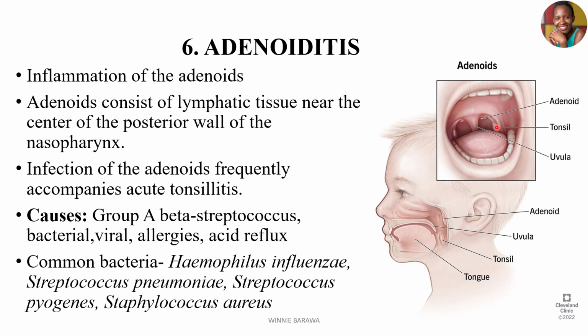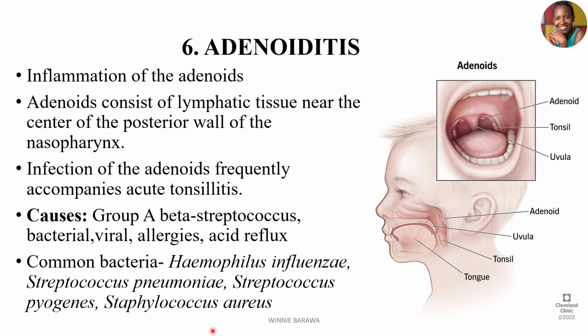Causes of adenoiditis include group A beta streptococcus bacteria, viruses, allergies, and even acid reflux. If you want to go into the specifics, the common bacteria detectable during adenoiditis are Haemophilus influenzae, Streptococcus pneumoniae, Streptococcus pyogenes, and Staphylococcus aureus.